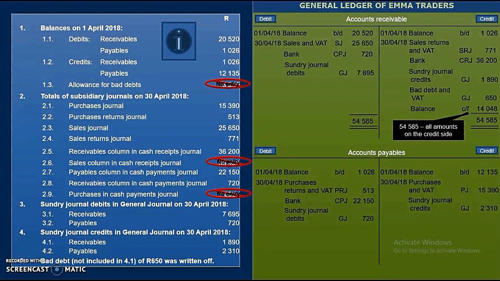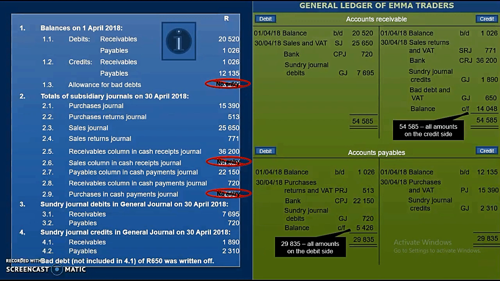Now for accounts payable. We add up the credit side, and that totals to 29,835. We take that total over to the debit side. And then to get the balance carried forward on the debit side, we will have to subtract all amounts on the debit side from the total of 29,835.